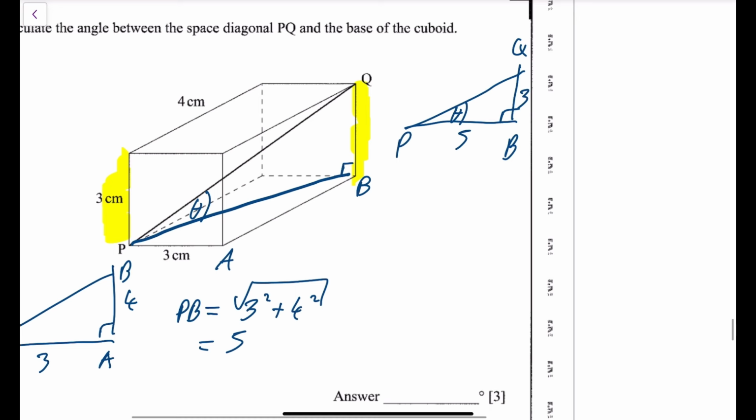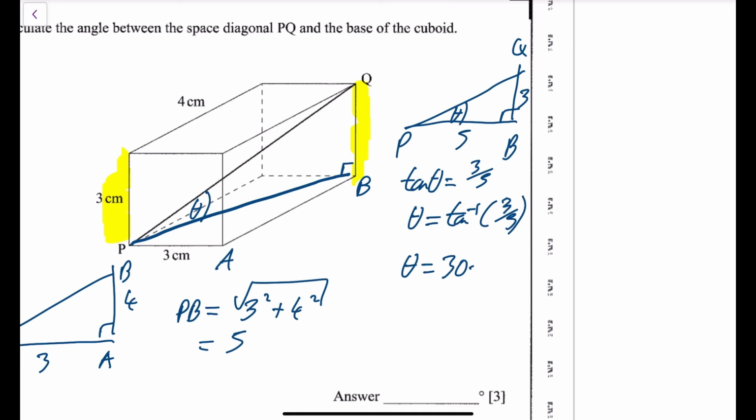So you could just say tan of theta is equal to 3 over 5. Theta then equals tan to the minus 1 of 3 over 5. If I've done that correctly on my calculator, I got 30.9637. So I would give my answer as 31.0 degrees to 3 sig figs or 1 dp, whichever way you want to say.